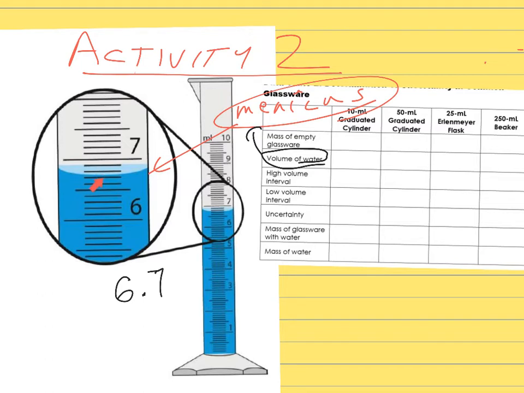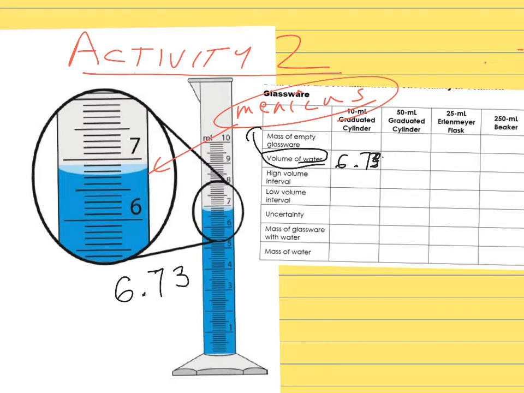Your authors say that it's 0.5. I don't think that's anywhere near 0.5. I think it's actually closer to 0.3 or 0.4 if I was reading it. But that's how you would record the volume, something like that. So you'd say 6.73 for your actual volume there.